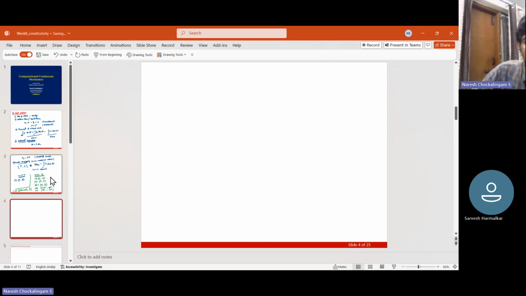Now, what is the next step? We have identified work conjugate pairs, so we need to relate a quantity with its work conjugate pair to arrive at a constitutive relation. This is our goal.